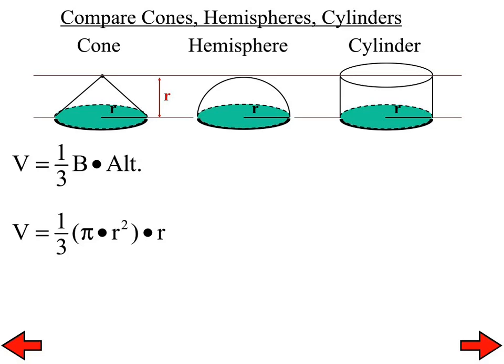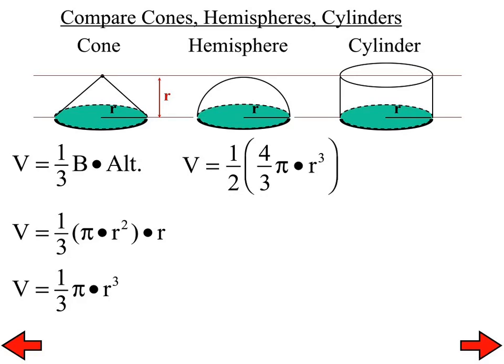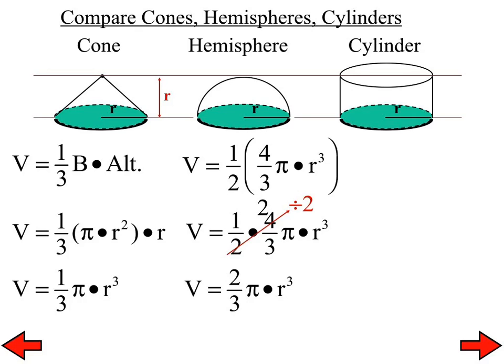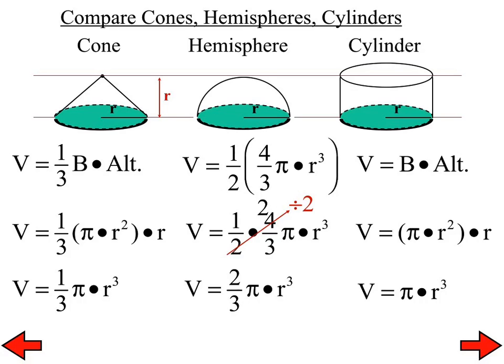If I find the volume of the cone, it would be 1/3 pi r cubed. If I find the volume of the hemisphere, I end up with this. Volume equals 2/3 pi r cubed. If I find the volume of the cylinder, its volume equals pi r cubed. In other words, it's really 3/3. 3/3 is 1 pi r cubed.